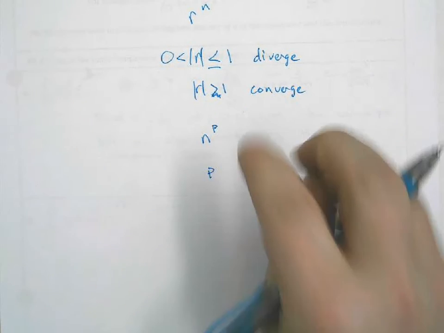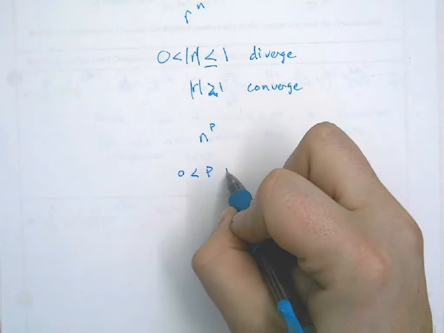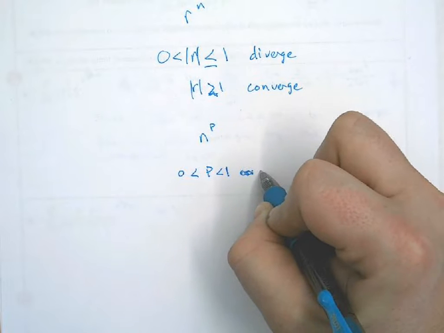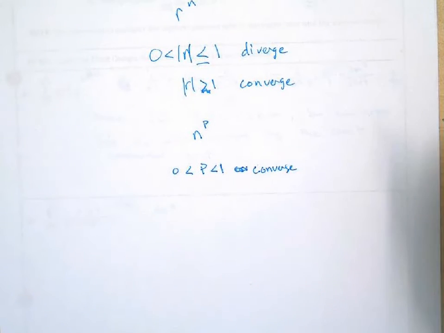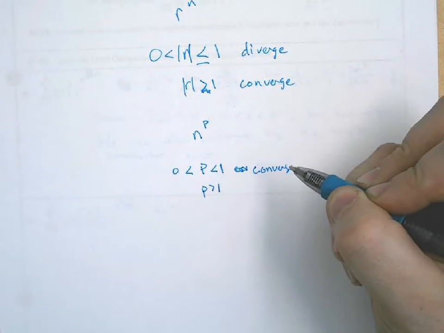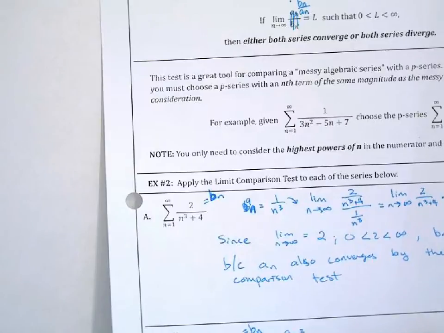So the exponent is the thing that's similar between the two. If the exponent is between 0 and 1, this converges, right? Is that right? I thought it was the opposite. Other way around, right?